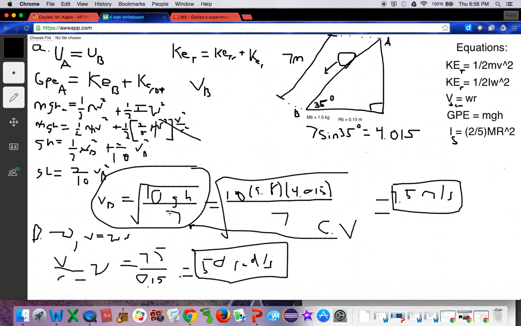And that equation tells us that neither mass nor radius is needed to determine v, so it does not depend on the mass or the radius of the sphere. In short, linear speed does not depend on mass or radius, but omega does. Omega is equal to v over r. So yes, it depends on r, but no on the mass.